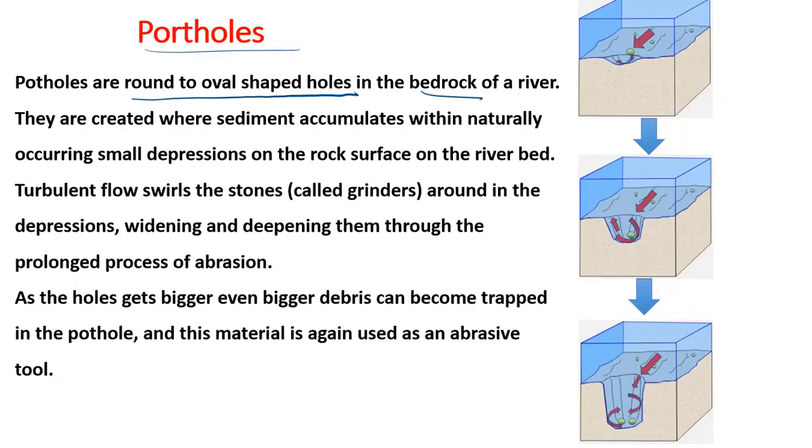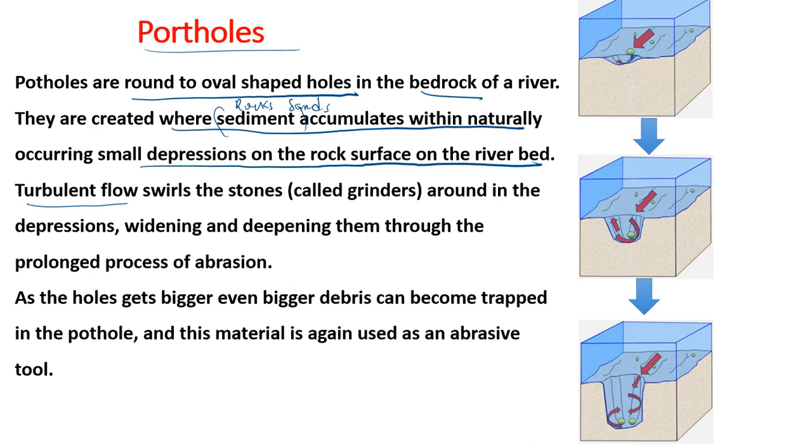Now, they are created where sediment accumulates within naturally occurring small depressions on the rock surface of a riverbed. So, sediments like small rocks, rock particles, and sand, shingles, all find themselves inside small natural depression like this.